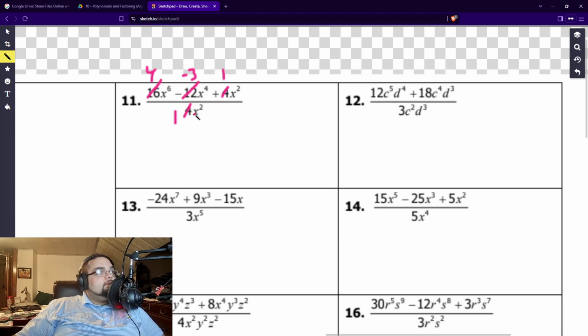Each of these gets divided by x squared, so that x squared is gone. X to the 4th over x squared becomes x squared. X to the 6th over x squared will be x to the 4th. And I don't want to forget my plus sign right there. And that's my answer. 4x to the 4th minus 3x squared plus 1.